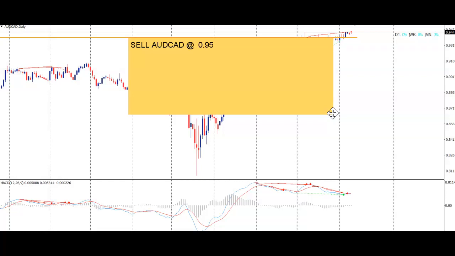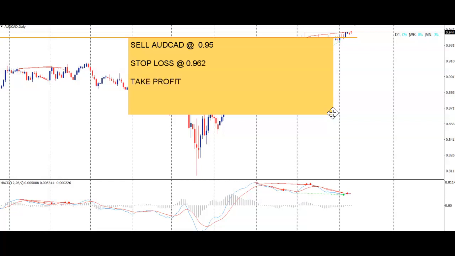Okay, stop loss is going to be at 0.962. This can turn into a really nice long-term trade, and take profit if you want to hold this long-term will be around 0.90.